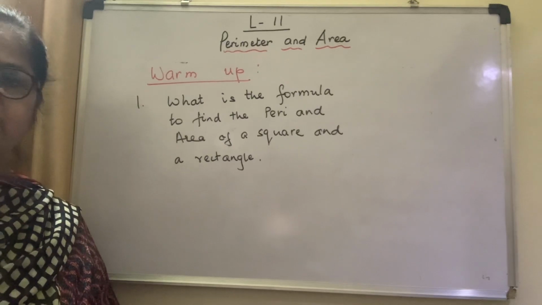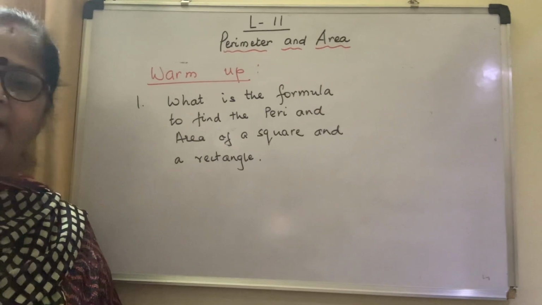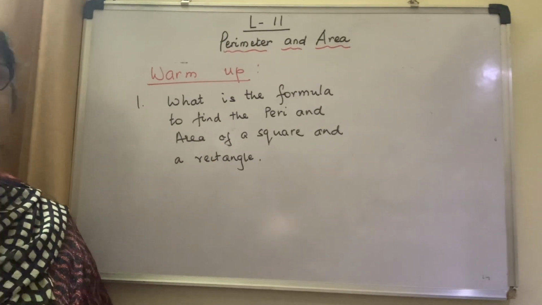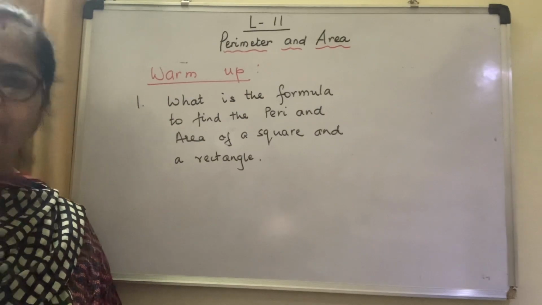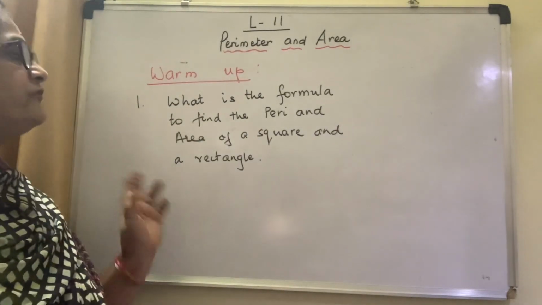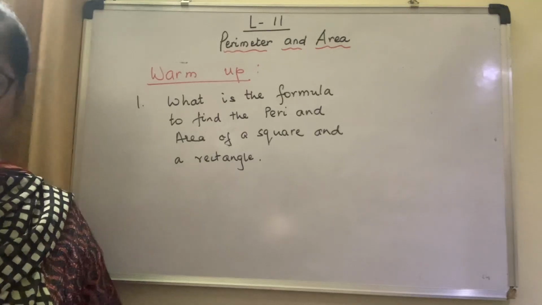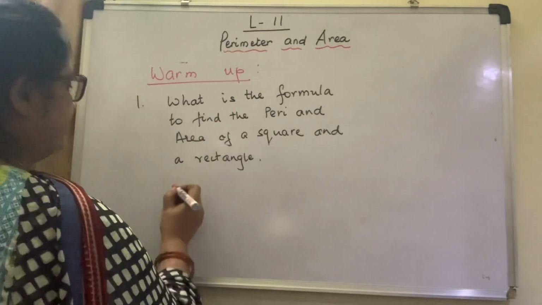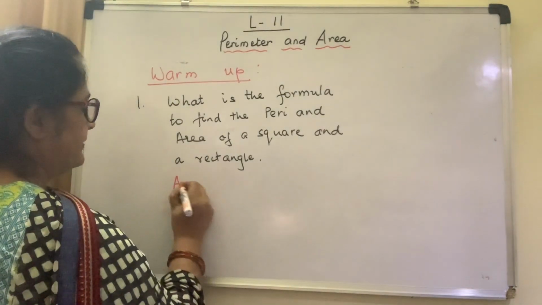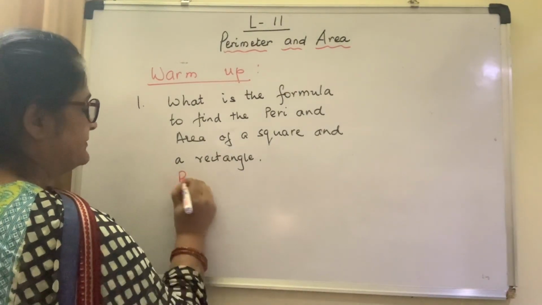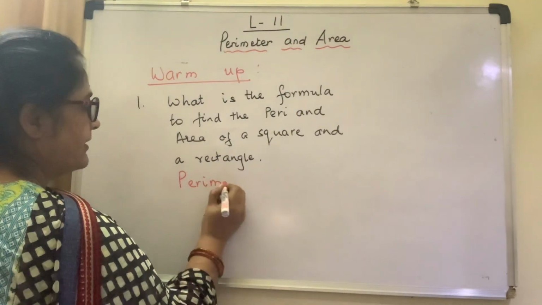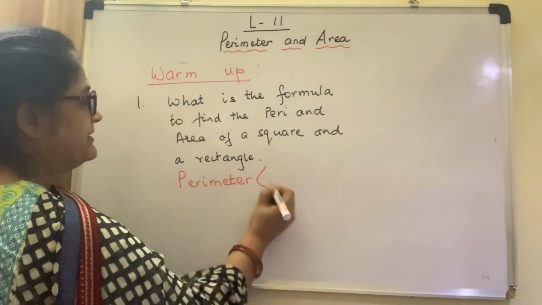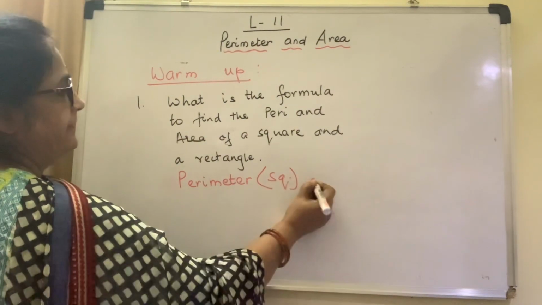The four angles in a square and four angles in a rectangle are also equal. Right. To find the area of a square, how will we find the area of a square? Okay, before that, let us just go to the perimeter. How do I find the perimeter of a square?